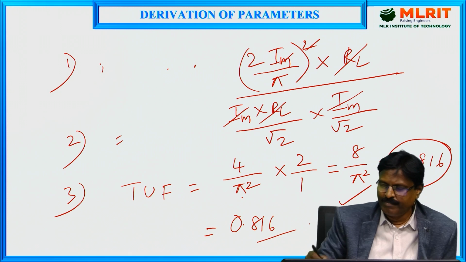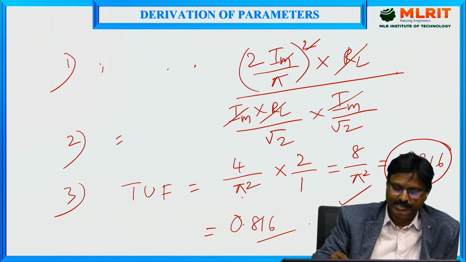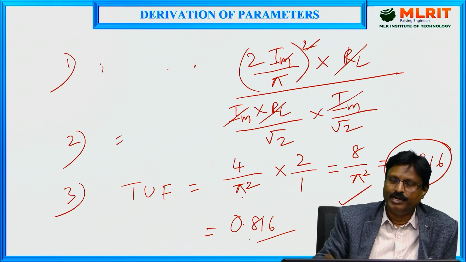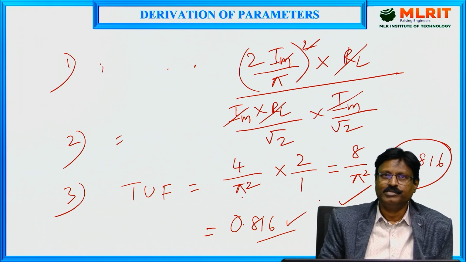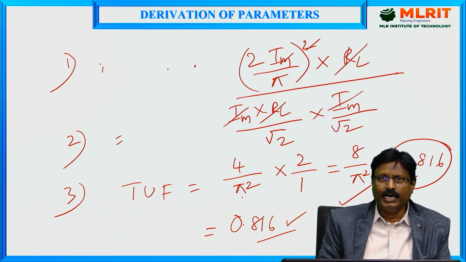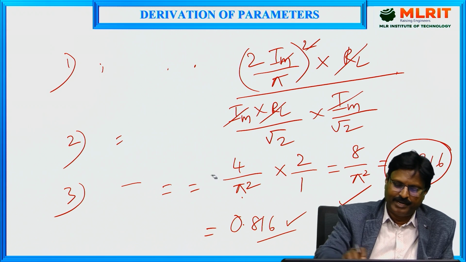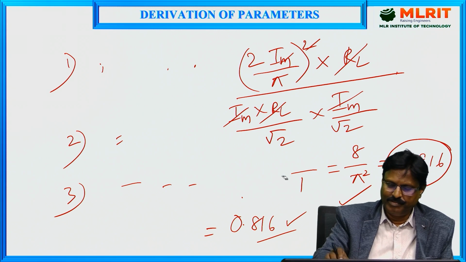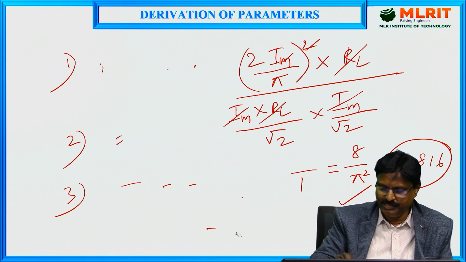8 by pi square, if you go for the calculation, you will be getting 0.816. This is the transformer utilization factor. And the fourth important parameter is the peak inverse voltage.